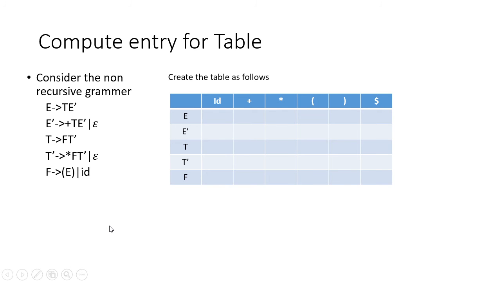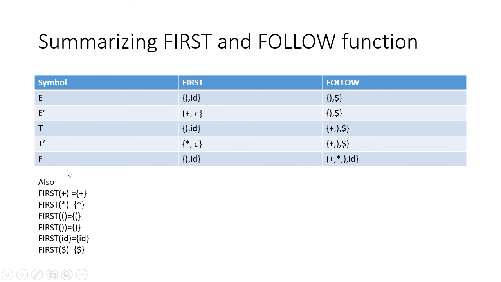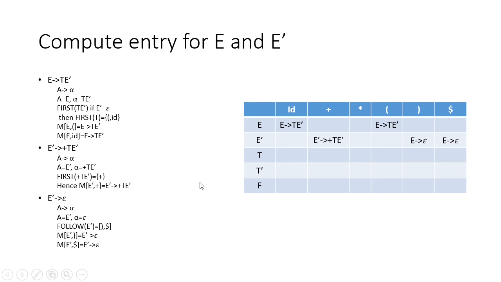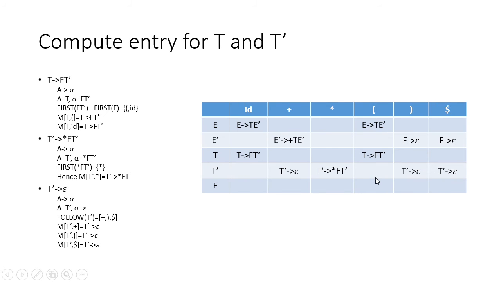Now let's look at that again. If you see, follow of E dash is a closing bracket and a dollar. So what we have is, for E dash and bracket, you store E dash derives epsilon, and for E dash and dollar, you store E dash derives epsilon.